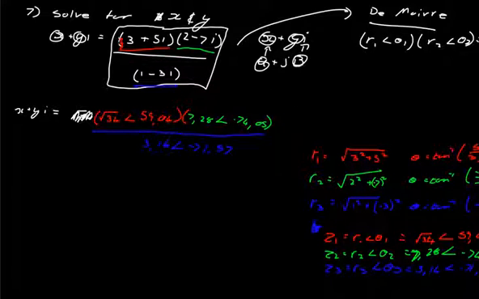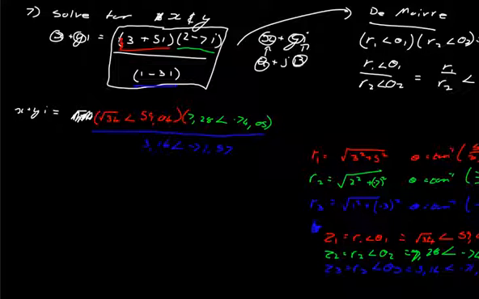And we've also got division here, so we need to know that R1 angle theta 1 over R2 angle theta 2 is equal to R1 over R2 angle theta 1 minus theta 2. Easy stuff. So first let's do the multiplication at the top, and then once we've got an answer for that, we do the division, and then we're going to convert back to rectangular form.